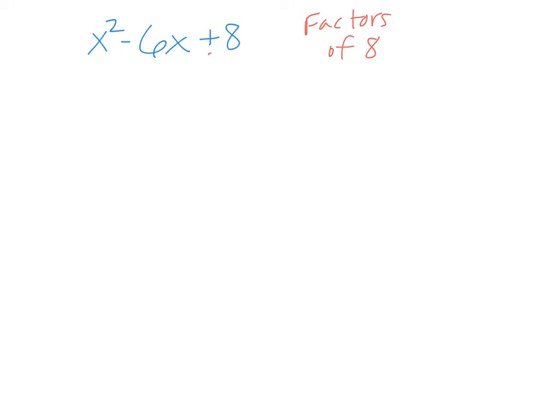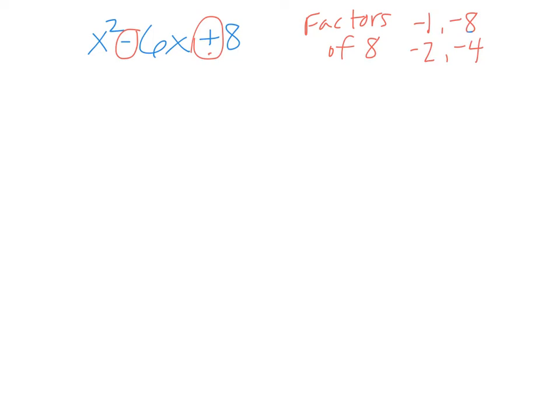The only way to get a positive with two numbers is a positive times a positive or a negative times a negative. Since the middle number is negative, we are going to have two negative numbers. So we would have -1 and -8, or -2 and -4. Any other factors of 8? No. Do any of those add up to give us -6?